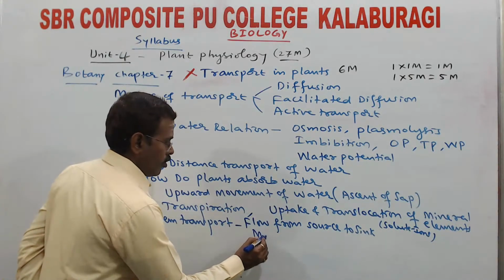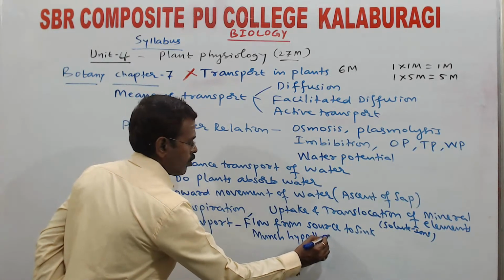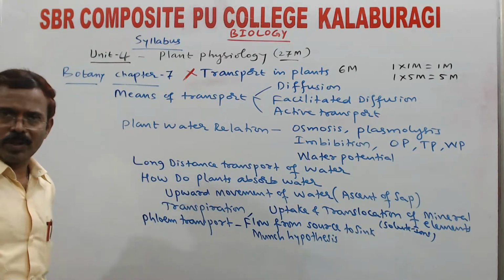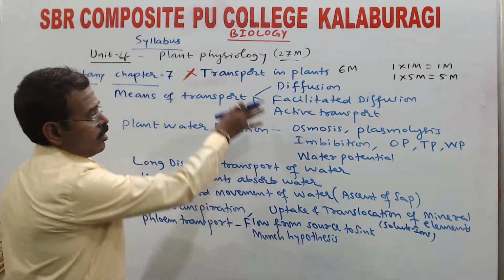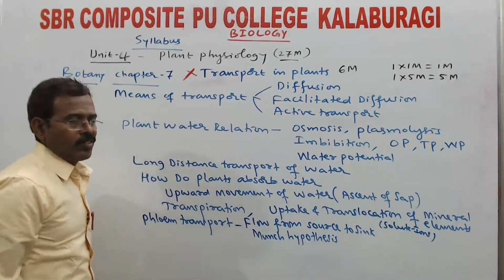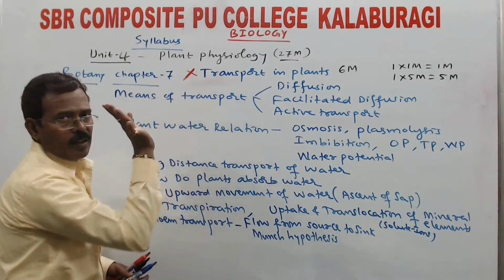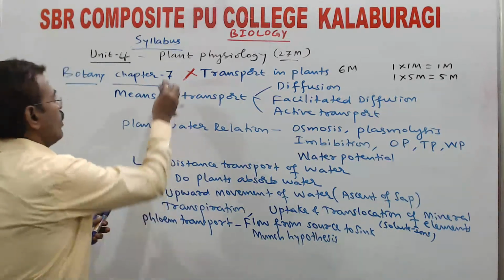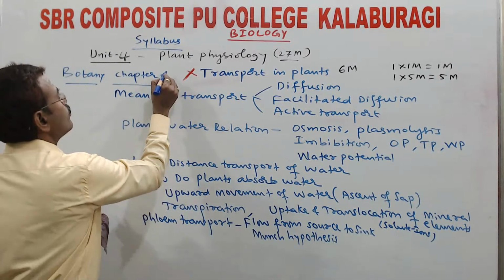Here we learn about the Munch hypothesis, mass flow hypothesis, or pressure flow hypothesis, what we call the Munch hypothesis. These are all the various concepts included in the chapter, transport in plants. This whole chapter is deleted. Then moving on to the next chapter, chapter number 8.